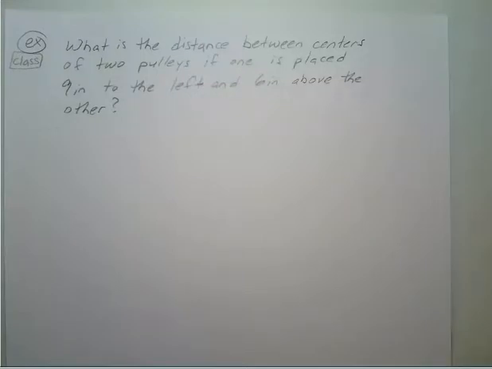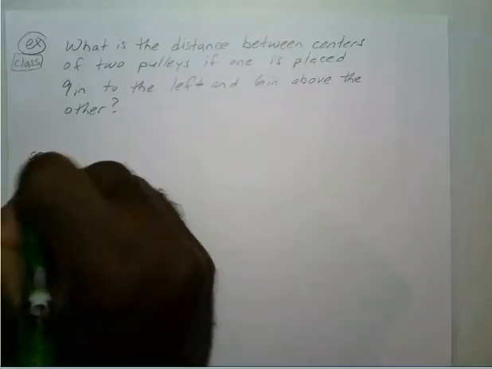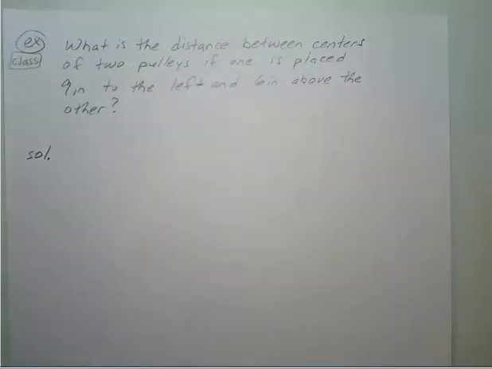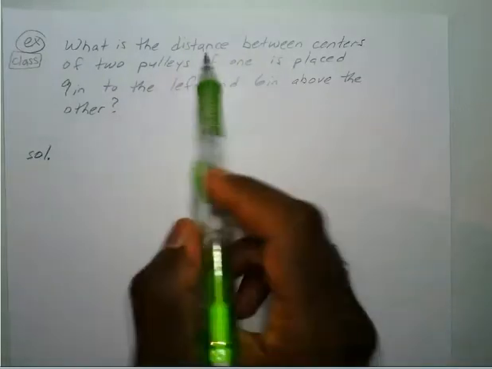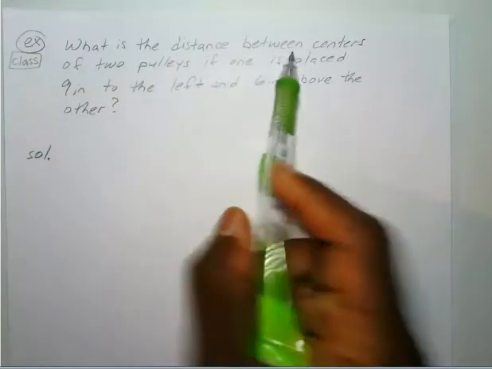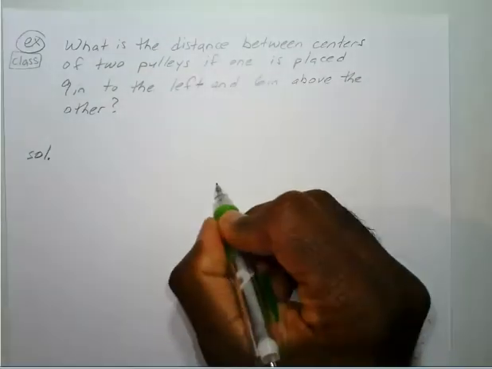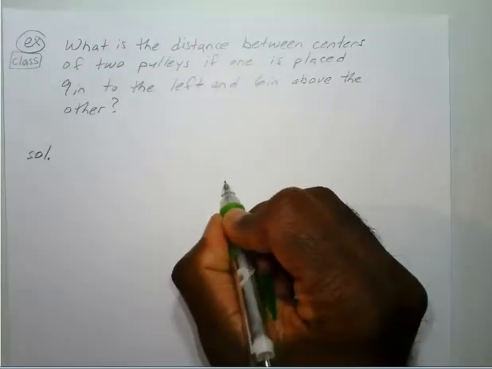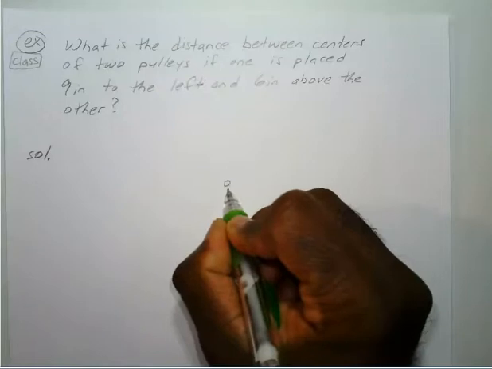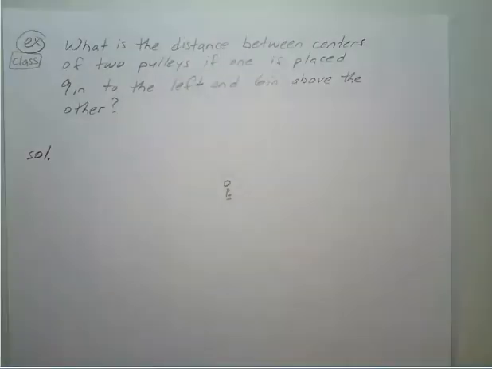All right, so I'm assuming you've paused it and you've tried this one. So let's go ahead and verify your answer. Okay, so first thing you have is the distance between the centers of two pulleys. So if you have your first pulley, we'll have the pulley here and we'll call that pulley number 1.